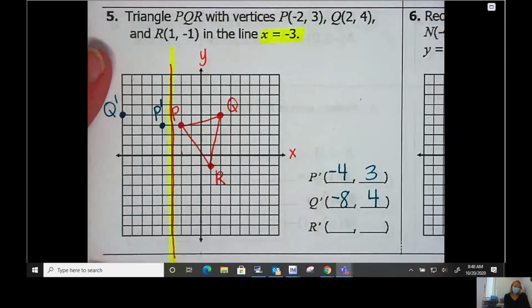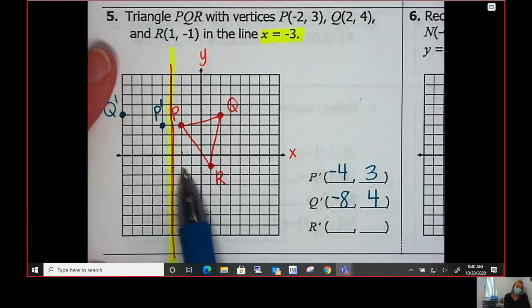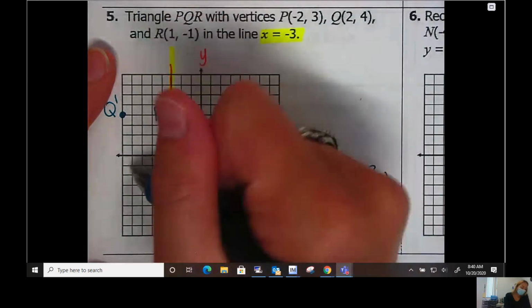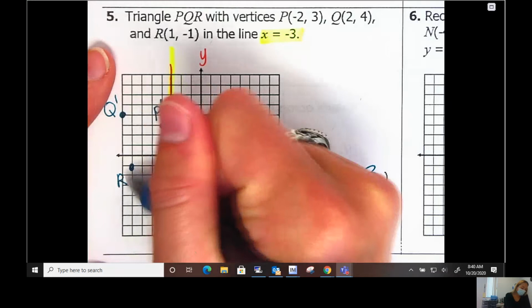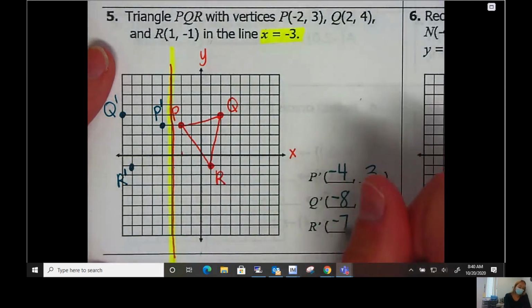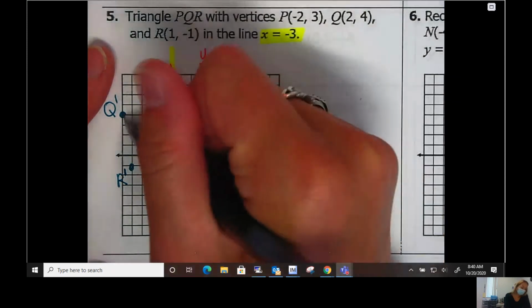Last one, R. How far away is R from this yellow line? 4. So I'm going to go 4 the other way. R prime. What are the coordinates of R prime? -7. Good, -7, -1, and now you are finished.